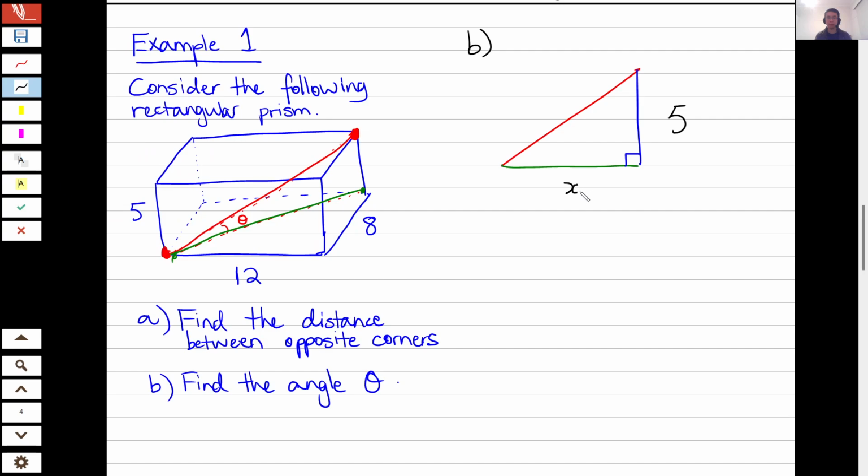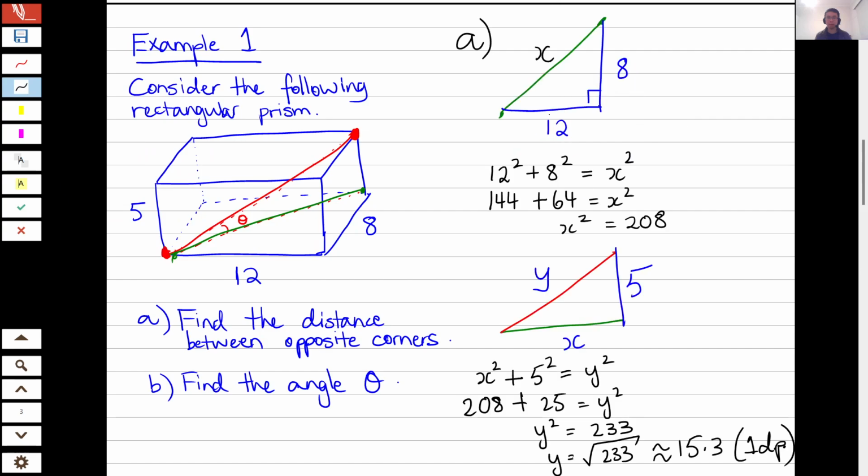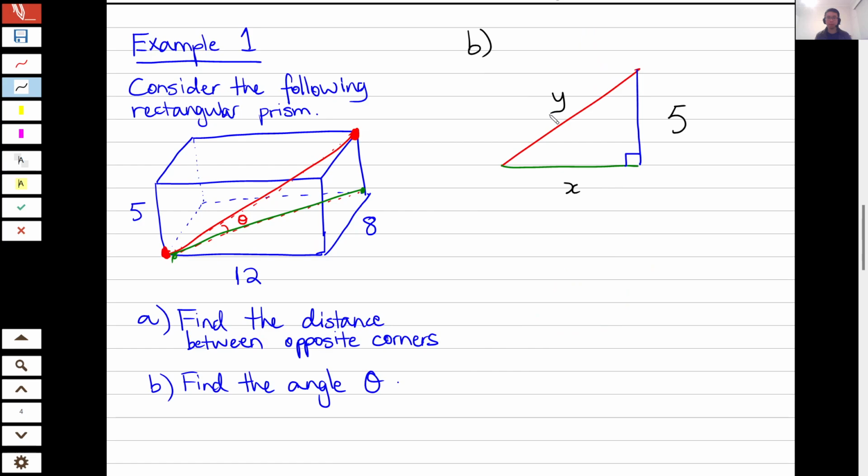The base was x, and the hypotenuse was y. And theta is actually here. It's the angle between the red line and the green line. So we actually know all the sides of this triangle, so it actually doesn't matter which trig ratio I use.